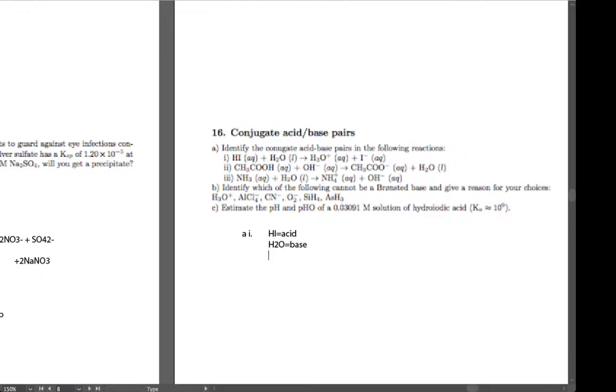The H3O plus here would be a conjugate acid because it has received the proton, and if you check from the other side, H3O plus actually gives it to the I minus.